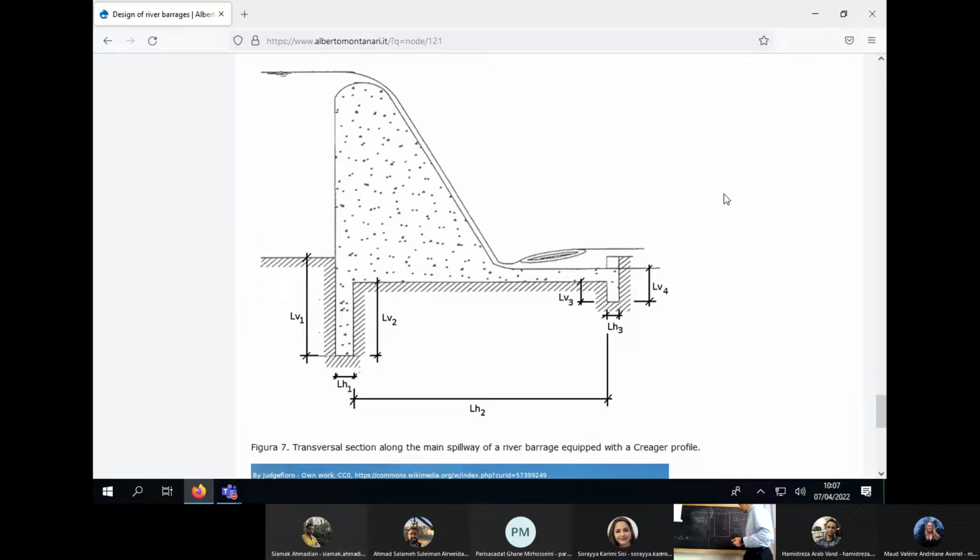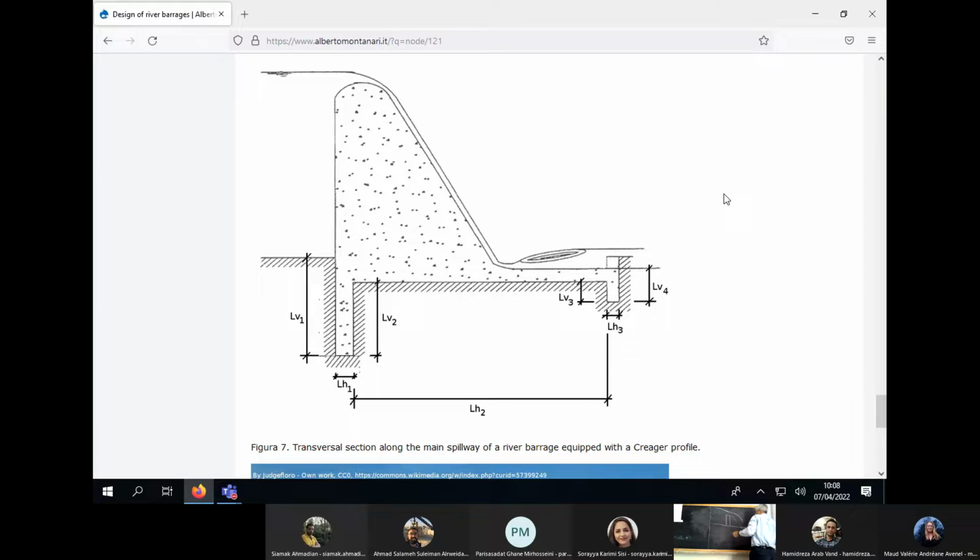Because if you adopt a vertical wall in the downstream side for the barrage, so you may decide to, if this is the riverbed, you may decide just to use a vertical wall as a river barrage, and then your flow takes this shape.